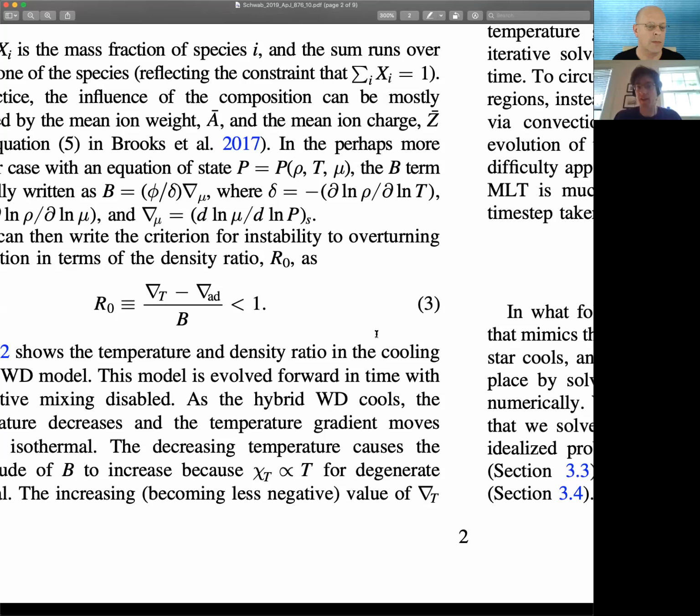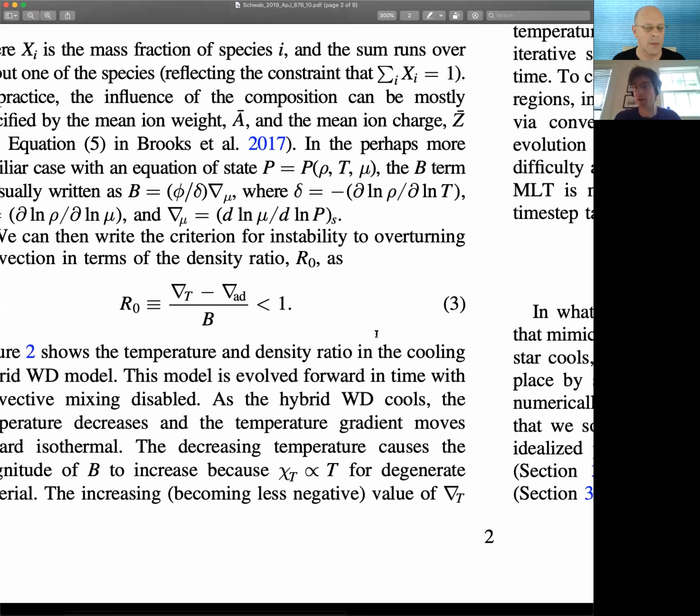And then relative to this B term, which is telling me how much stabilization or destabilization my composition gradient is giving me. So this is telling me about this competing effect of the fact that I have a stabilizing temperature gradient and a destabilizing composition gradient. There you go. So that parameter is capturing that competition.